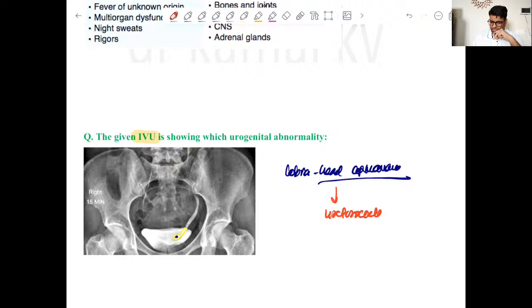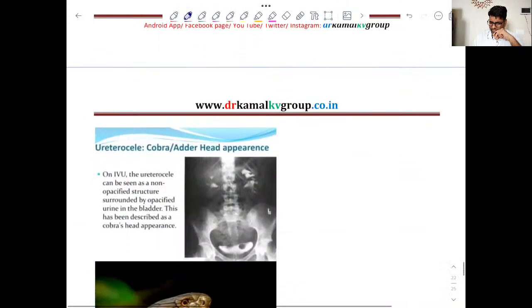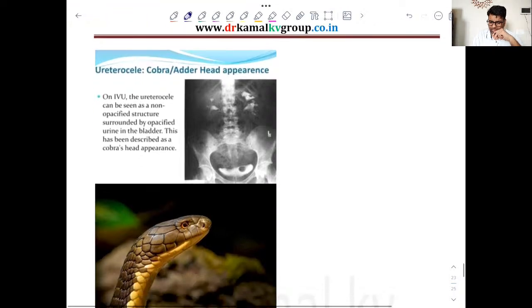So this is actually the dye within the urinary bladder, and this is the ureter, right? Ureterocele means there is dilatation of the terminal part of the ureter, so that gives a typical appearance. I think it's better on this view.